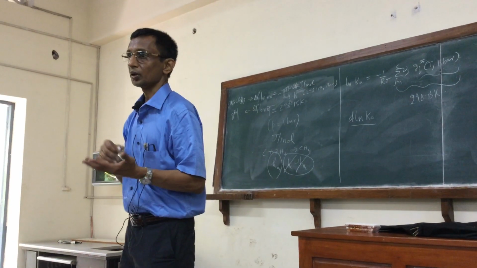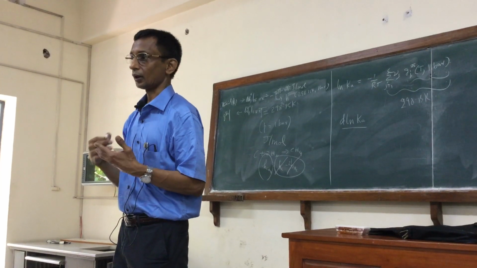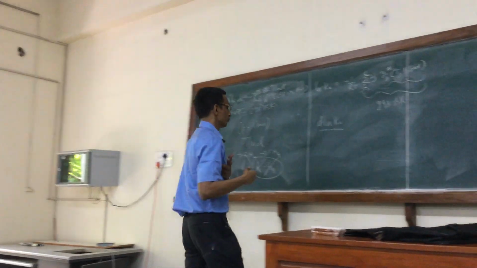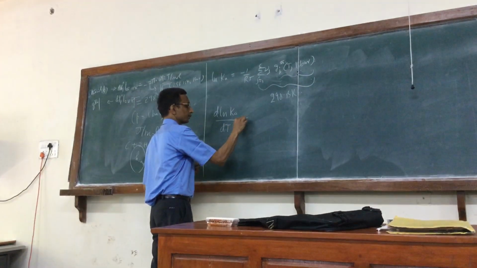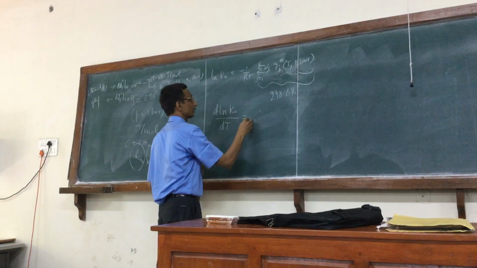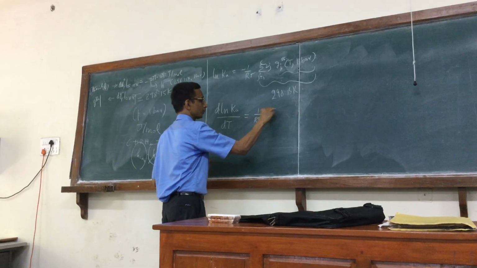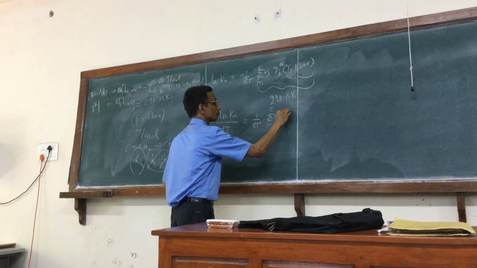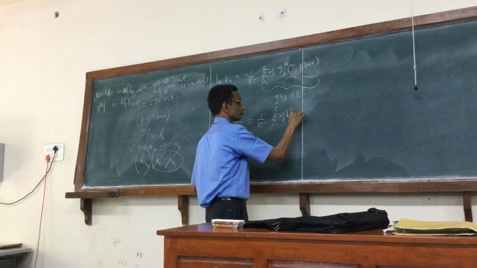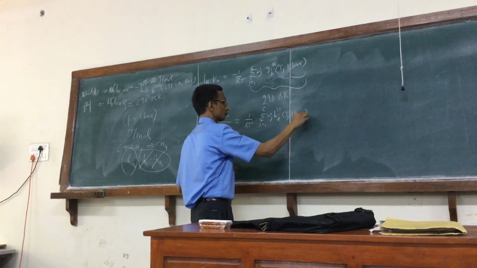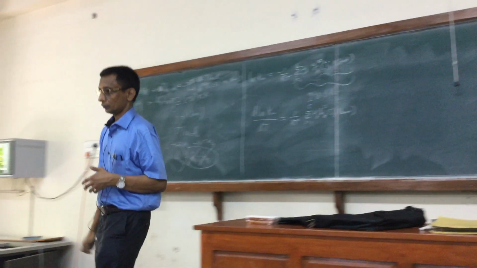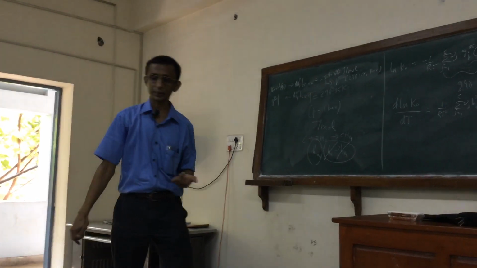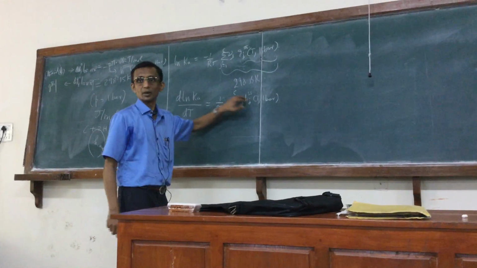What do I do if I want to calculate log Ka at some other temperature different from 298.15? First, an approximate step: we have already seen 1 over RT squared, sum over j equal to 1 to c of Hj. This is also at the same temperature, obviously, the temperature which we want.